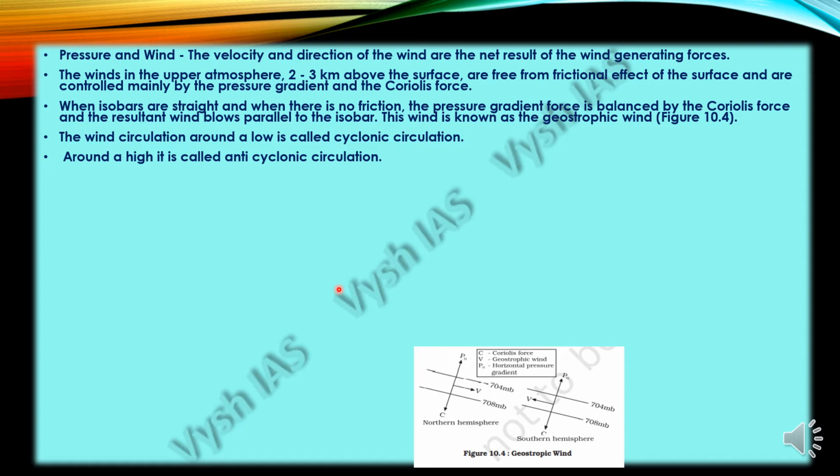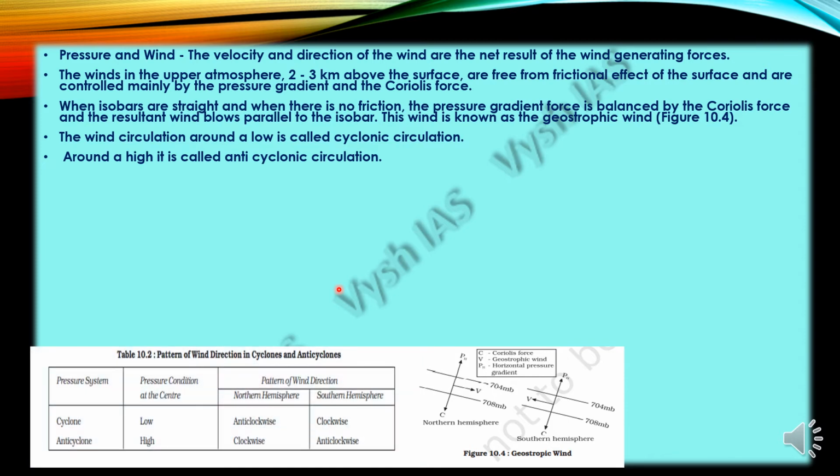You have to remember this. Around a low the circulation is cyclonic, and around a high it will go in an anti-clockwise direction, because of the pressure it will tend to change direction and start moving anti-clockwise. That's why it's anticyclonic.